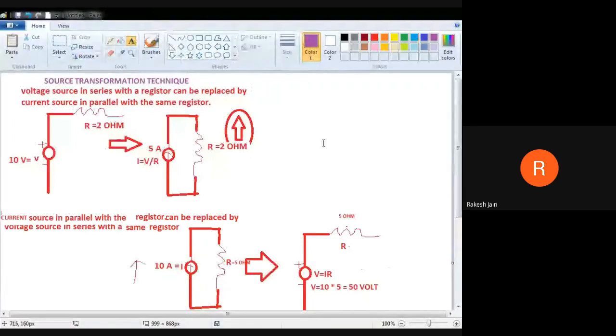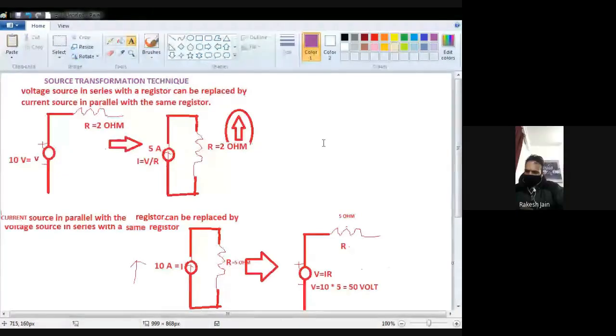So I hope you understand this technique. Send me a snapshot fast. Ganesh, send me a snapshot and type in the message box, yes, we understand. Yes, only yes.